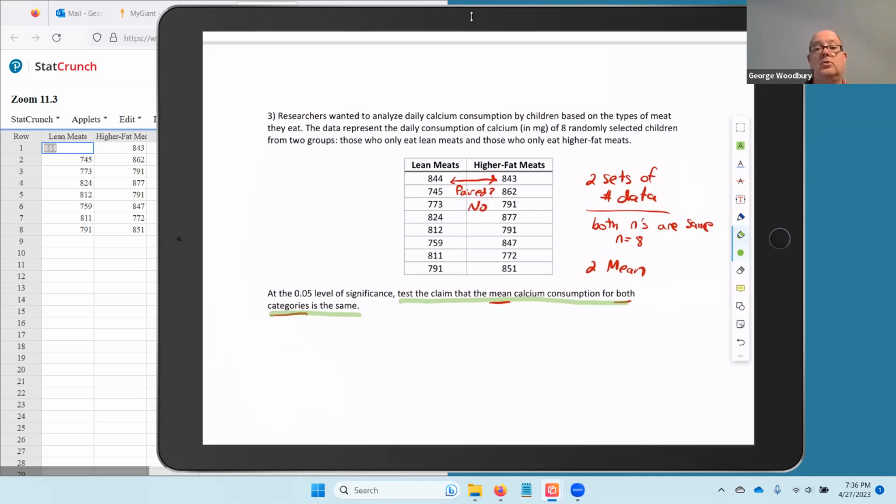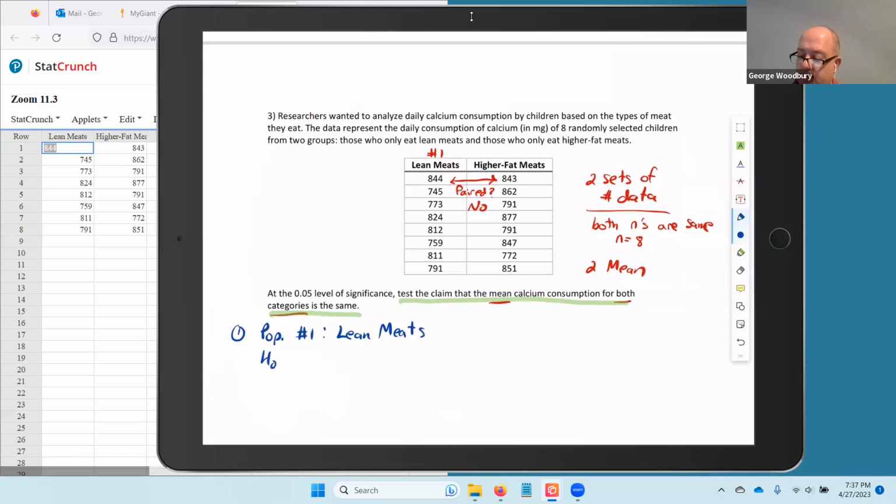So it doesn't mention either group. When that happens, you should let the first group with data be group 1. So we'll let lean meat be group 1. Population number 1, lean meats.